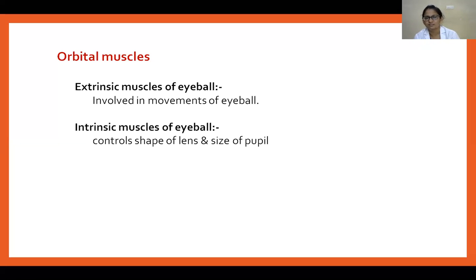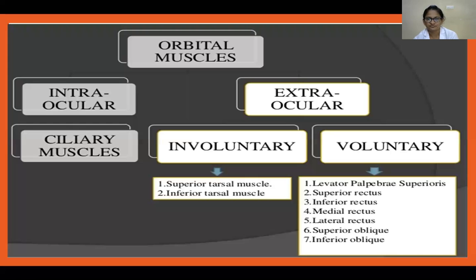These are the main functions of the intrinsic and extrinsic muscles of the eyeball. Next, these orbital muscles are divided into two groups.